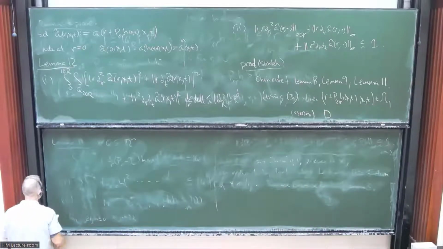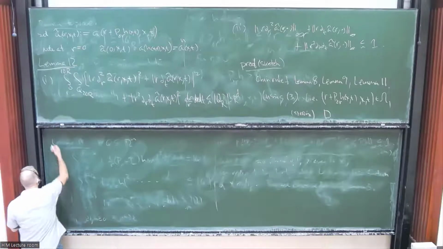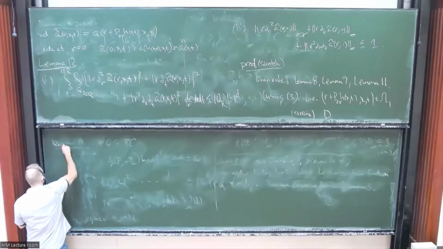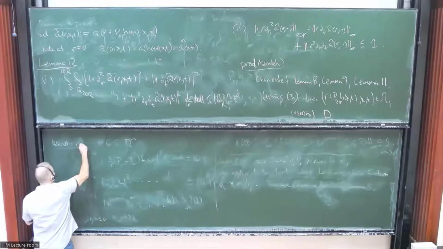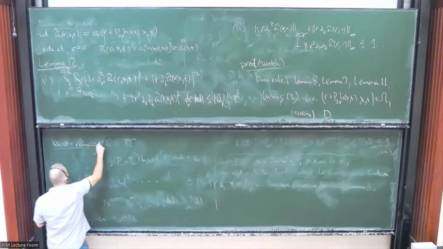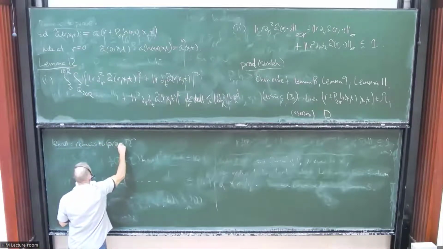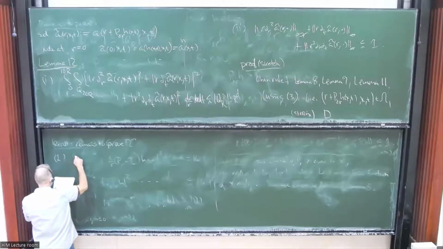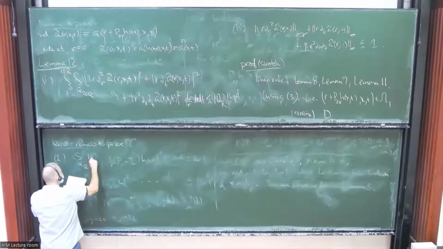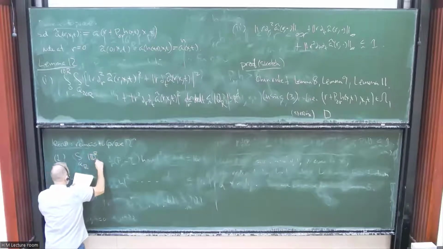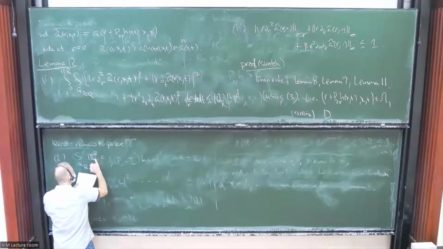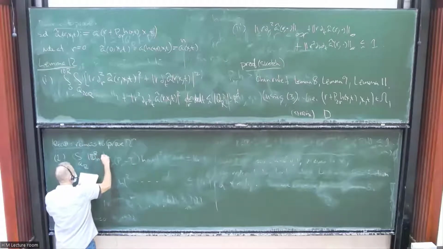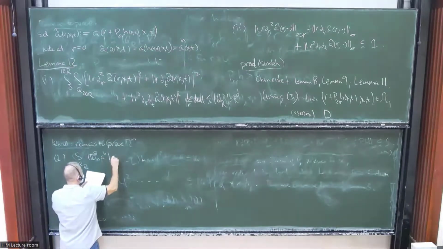All right, so let's recall what we're proving. Remember, it remains to prove this thing that I'd called estimate 1 a moment ago, which is the L1 estimate for the localized half-order derivative applied to AH.